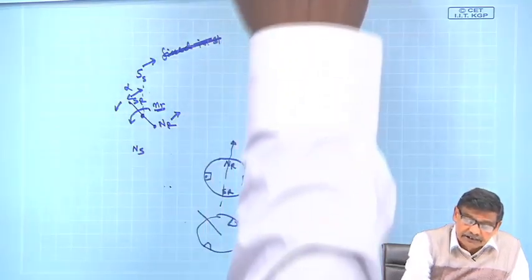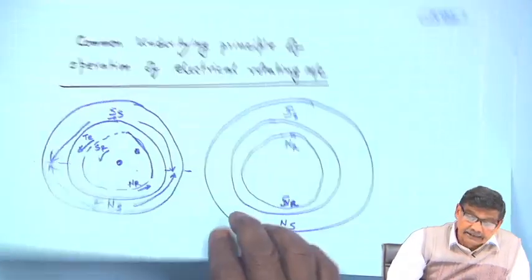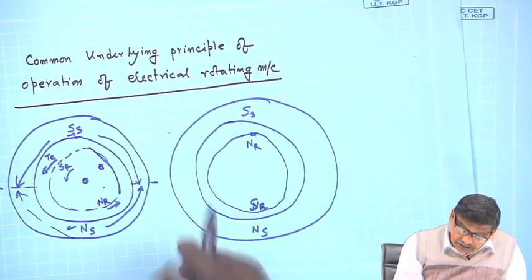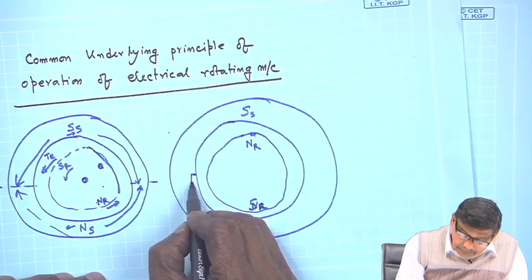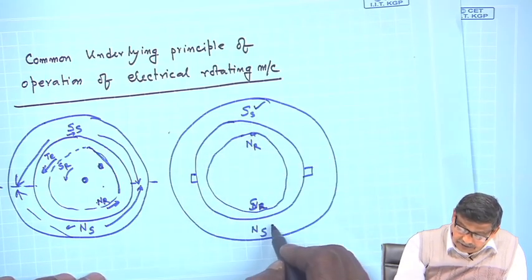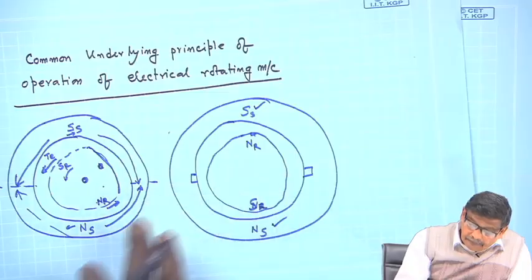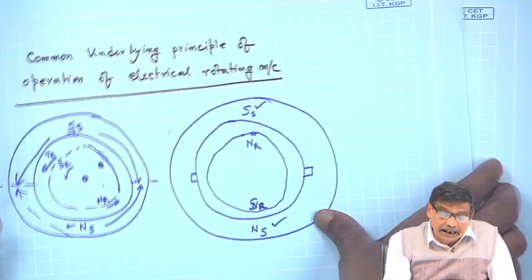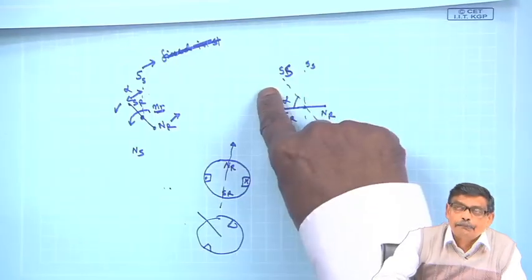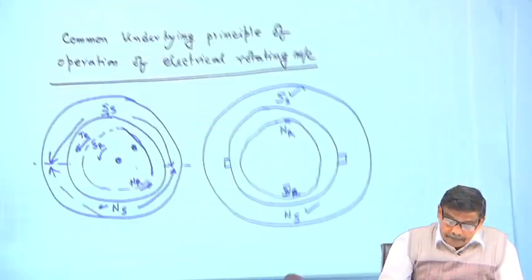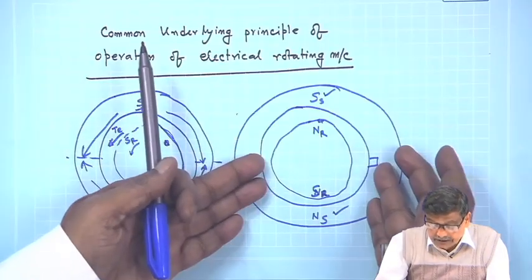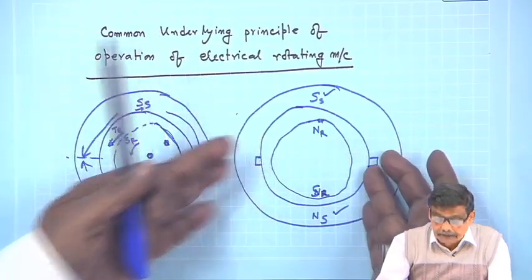For example, stator poles, examine that SS NS, and I told you this SS NS can be created by two slots carrying current, SS and NS. Concentrate on this. I am now telling on one hand that SS NS too should be moved by the same amount, and I am telling the stator is not allowed to move, the stator conductors are all stationary.